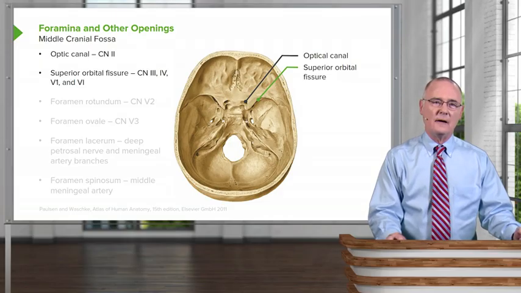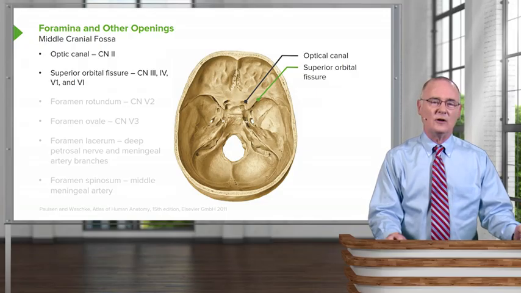We also have one division of the trigeminal nerve passing through this opening. That's V1, or the ophthalmic division of the trigeminal nerve. And then the other structure transmitted through the superior orbital fissure is cranial nerve number 6. This is the abducent nerve.